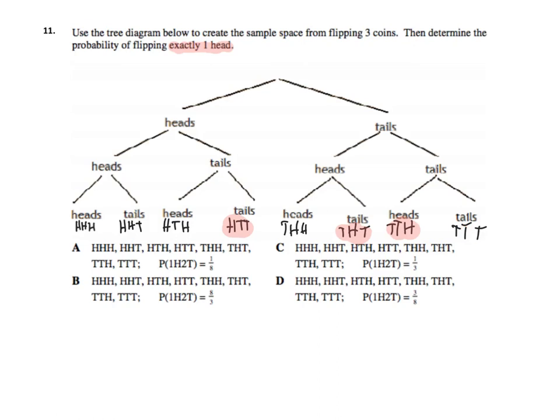So out of the 8 total outcomes, 1, 2, 3, 4, 5, 6, 7, 8, we only have 3 that are 1 exact heads. So let's go through and look. We know 8 has to be our bottom number, so we can eliminate this and this answer. We know there's 3 that have only 1 head, so our answer would be D, 3 over 8.